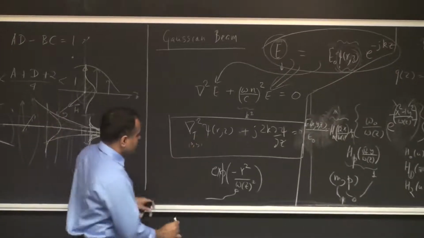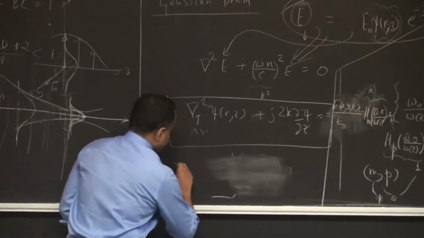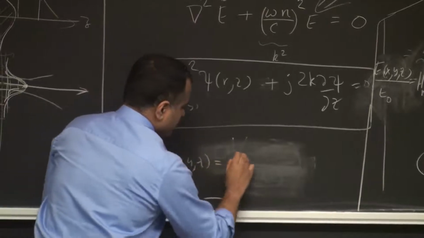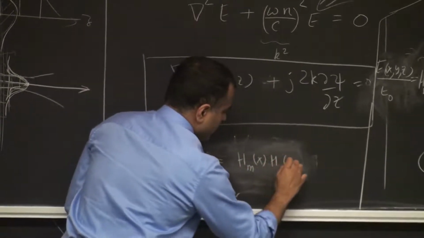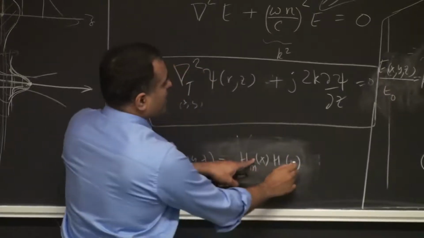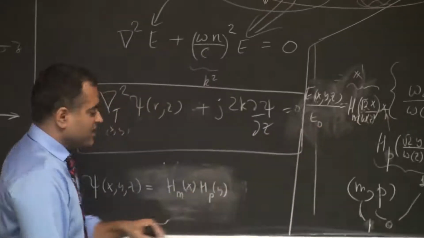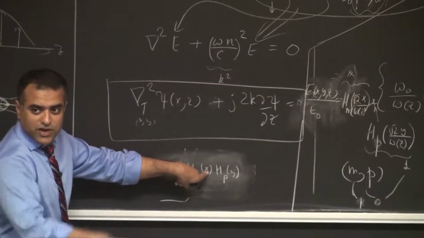Any function x, y, z that has the form of Hermite polynomials H_m(x), H_p(y). When I write x and y, I hope you see you just have to substitute these little factors out there. No function takes a dimensional unit as an argument, as you know, so you have to divide it by all that stuff.